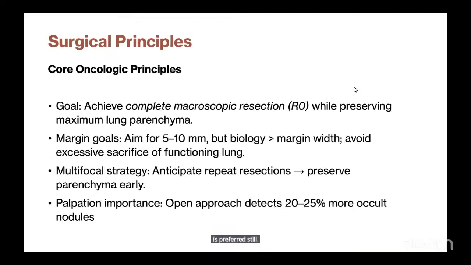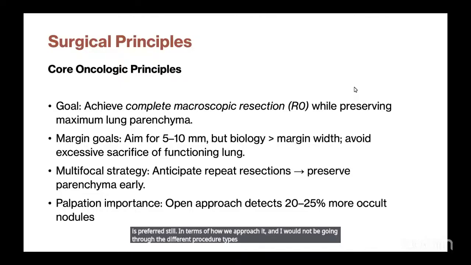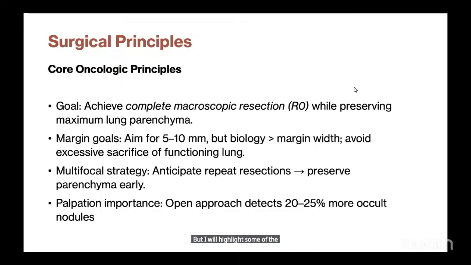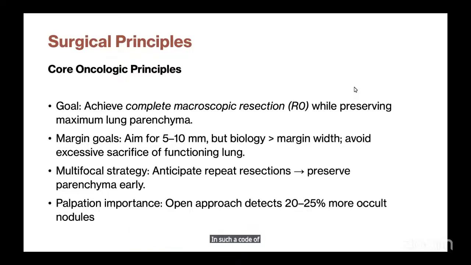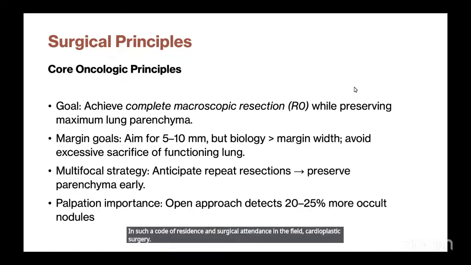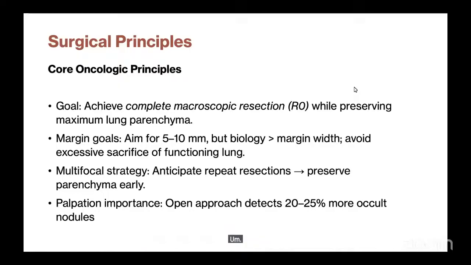In terms of how we approach it, I will not be going through the different procedure types for this forum, but I will highlight some of the core surgical principles we look at as surgical residents and surgical attendings in the field of cardiothoracic surgery. The goal: you want to achieve a completely macroscopic clear margin resection.